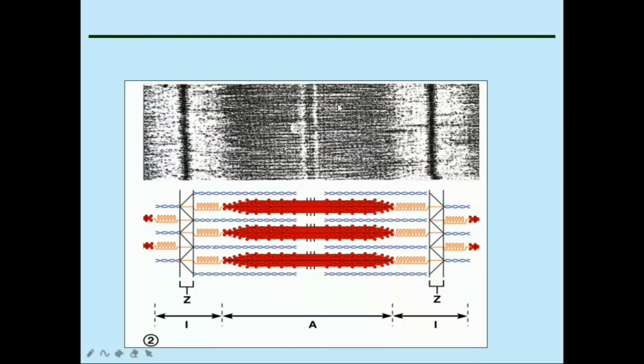So this band appears dark under the microscope, and therefore it is called the dark band or A band, A for anisotropic band.